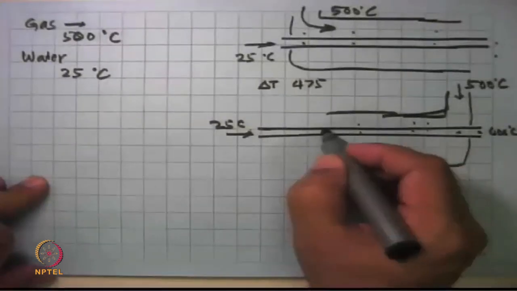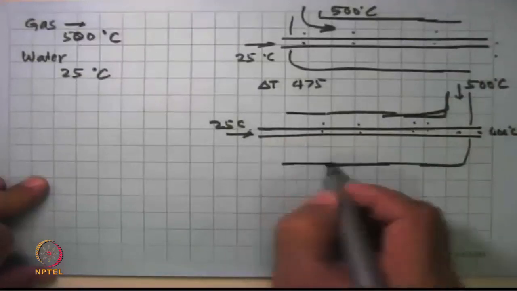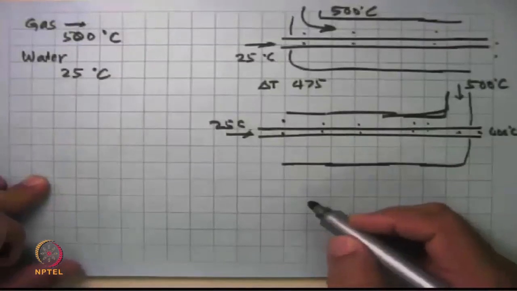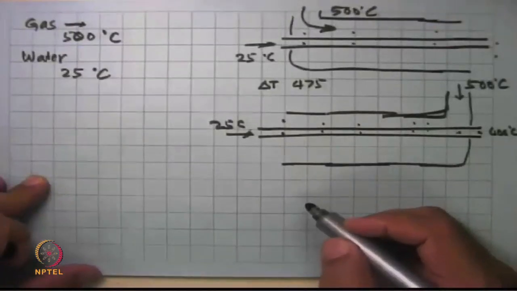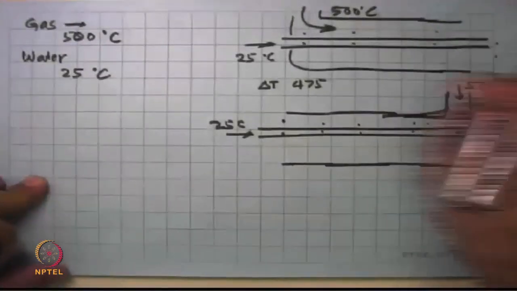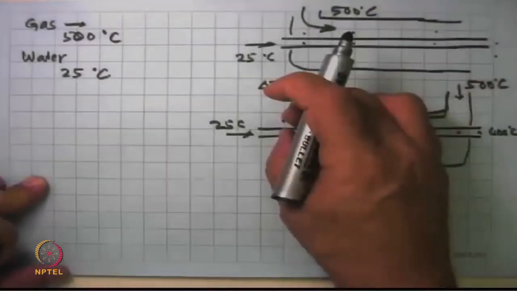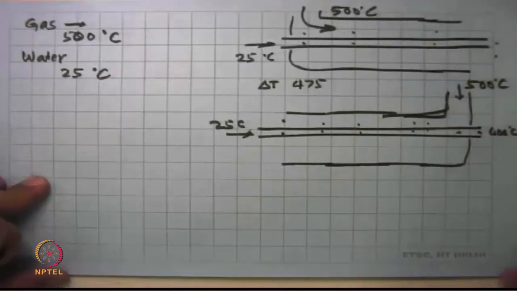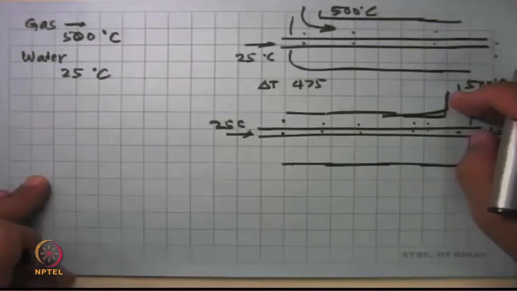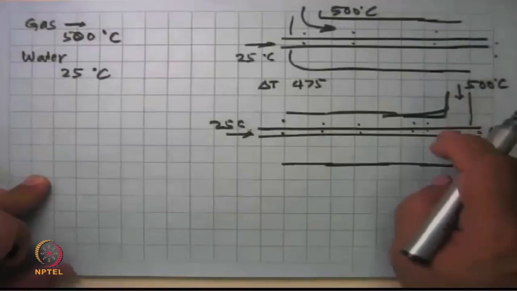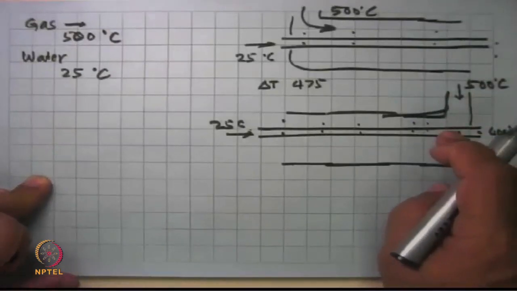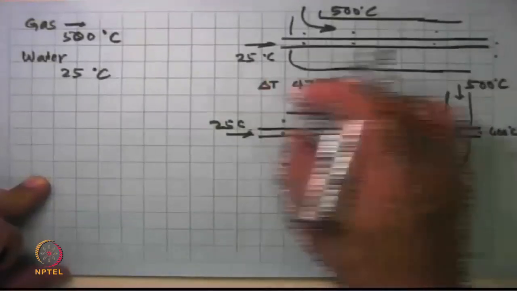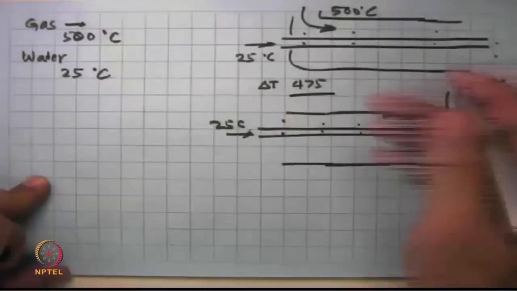And it keeps going down, and at the other end, the coldest of the water is being heated by the coldest of the gas. So you could have a certain temperature difference in each one of these. And what we have done is we have tried to match the hottest gas to give energy to the hottest water.